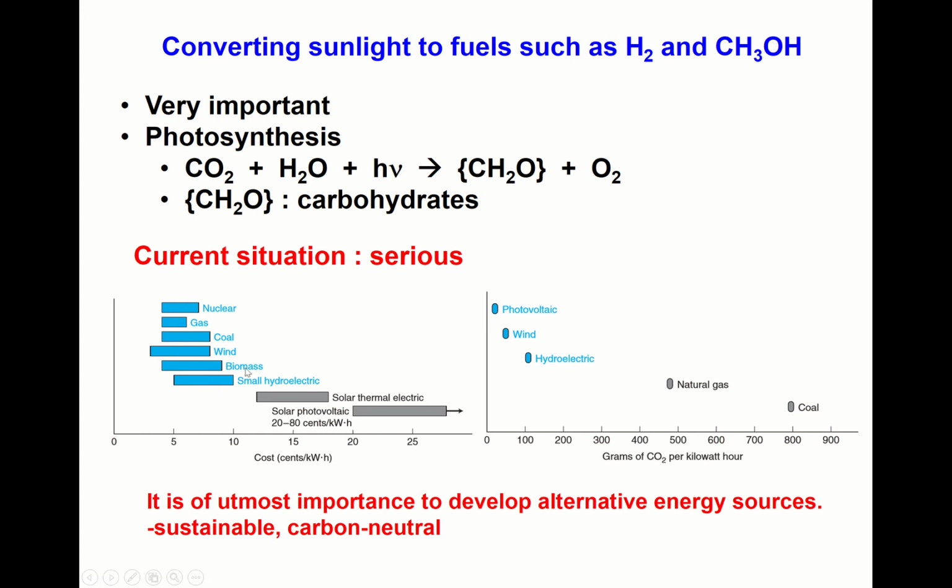And biomass, people have used biomass. They cut wood and then simply burned it. The cost range is very wide. And small hydroelectric can be an alternative solution. Small hydroelectric in Korean is 소수력, a kind of 수력 발전.